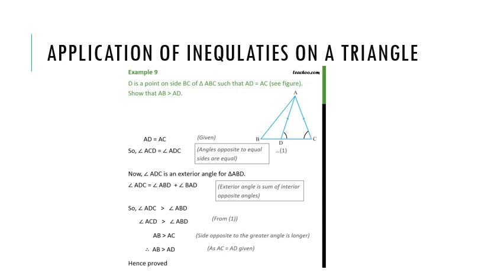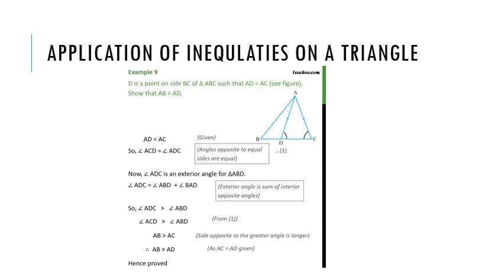Now angle ADC is an exterior angle of triangle ABD. Look at the triangle ABD. ADC, which is marked in the diagram, is an exterior angle because it's lying outside the triangle. Now using the exterior angle property which we know from class 7th, ADC is equal to ABD plus BAD, the opposite two interior angles.